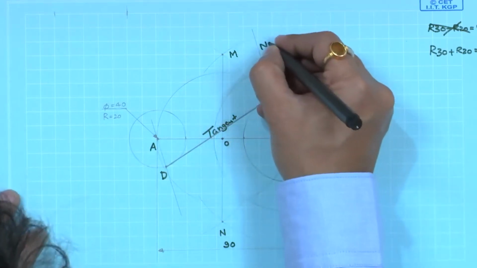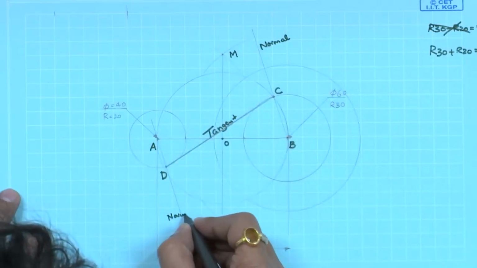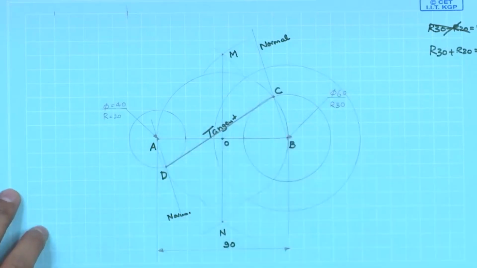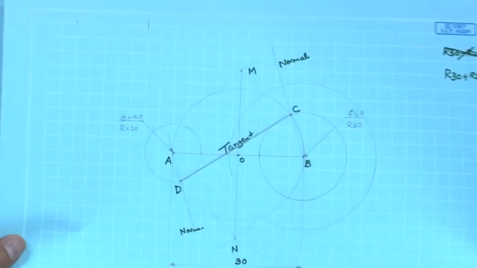This is the normal, another normal and tangent. So, let us summarize the procedures to construct tangent and normal to these external circles and internal circles.